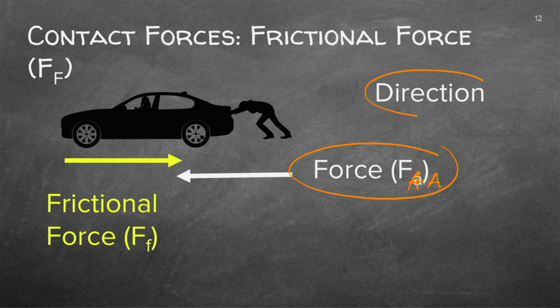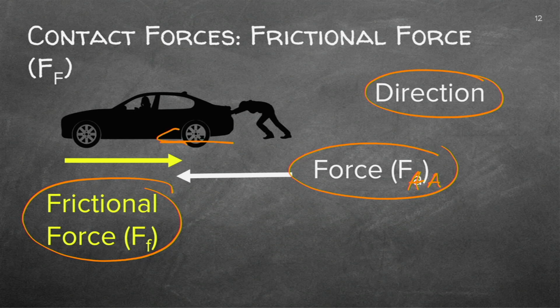The second force is the opposite to the applied force. Its direction is obviously crucial, but it will find a resistance. This is like a mother-in-law. It's resisting the flow. So you'll push the car, but the tar road or the gravel or the tires, which is usually rubber, will actually exert a force in the opposite direction.